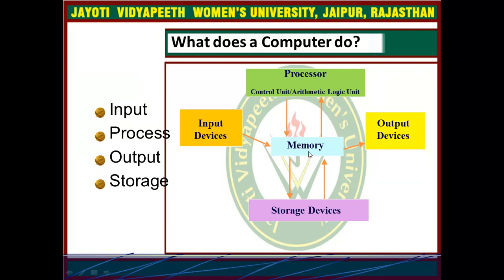This is the storage area, but there are basically two storage types, primary and secondary. After this processing in the memory, the memory gives that data to the storage devices, and that data is stored in the storage devices. After that, these storage devices revert the data back to the memory, and then to the processors, and finally through memory we get the output through output devices.